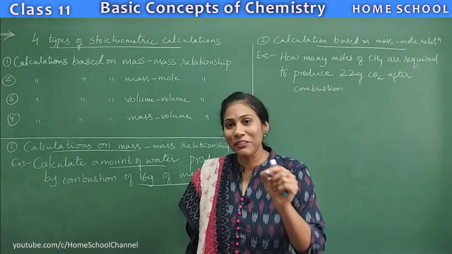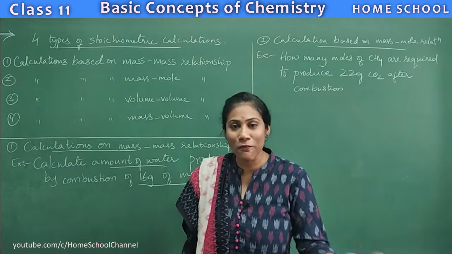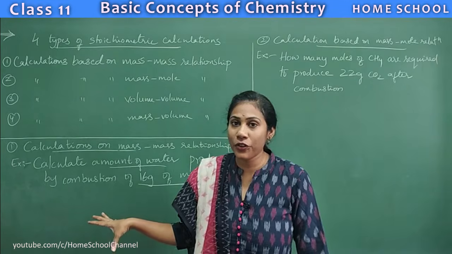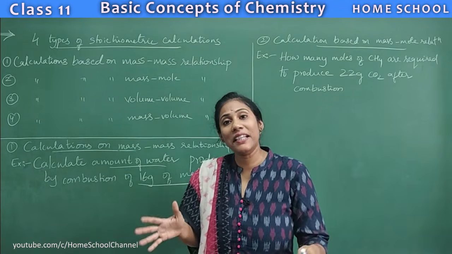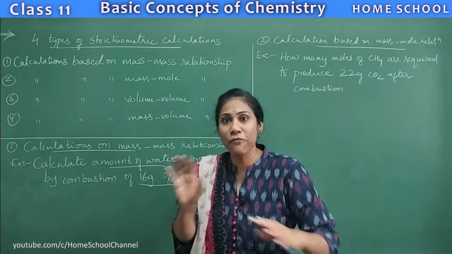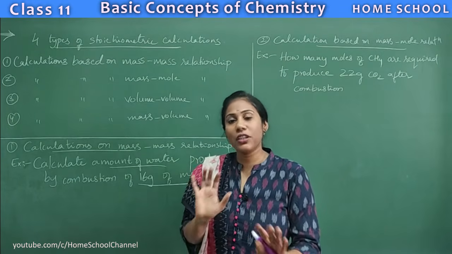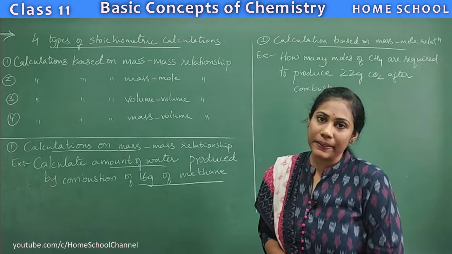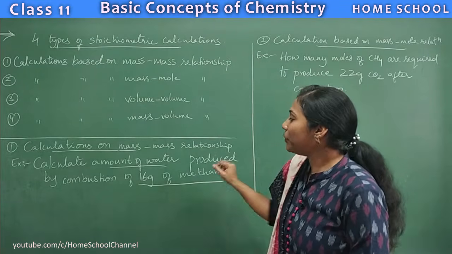So now that you understood, right, what is the meaning of mass-mass relationship? Some information regarding mass they will give you and they will ask you to calculate about something in terms of mass only. So such problems or questions will come under this particular category. Okay, so now how do you calculate this?